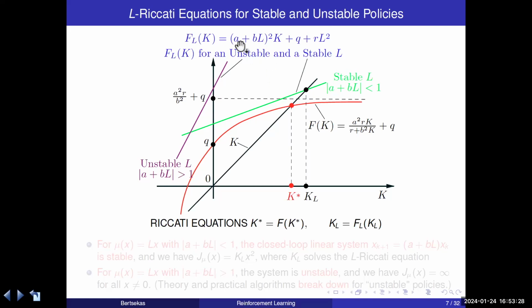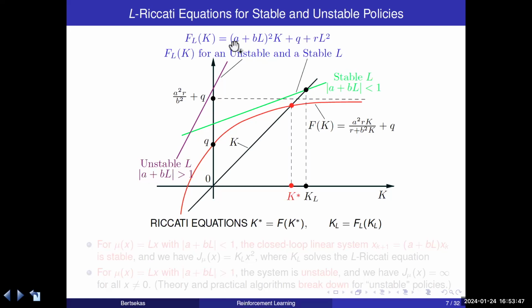The slope of these lines is (A plus BL) squared, okay? So if A plus BL is less than 1 in absolute value, then the slope is less than 1.